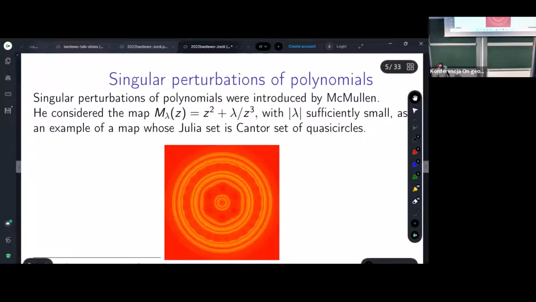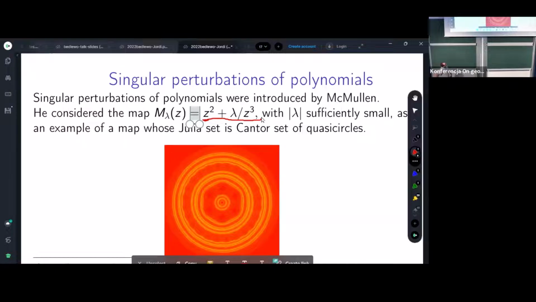Singular perturbations were introduced by McMullen. He studied the family z squared plus lambda over z cubed to show the existence of Julia components which do not lie on the boundary of any Fatou component.